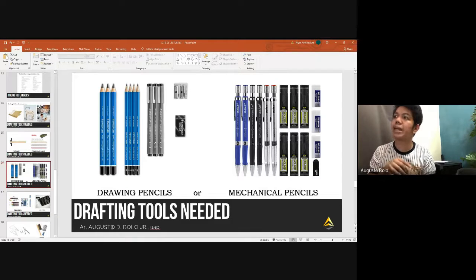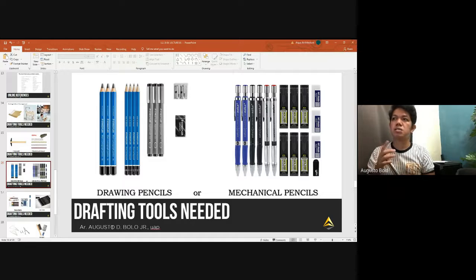We also have the mechanical pencil. Anong difference? Definitely binabalahan, so ang bala ang difference niya. This is mechanical. So ang advantage, you can just buy refillable lead.